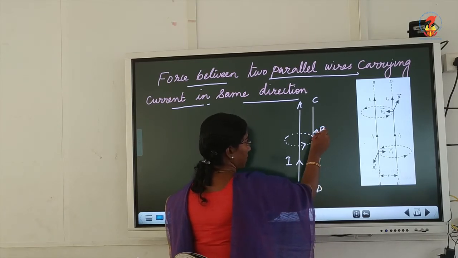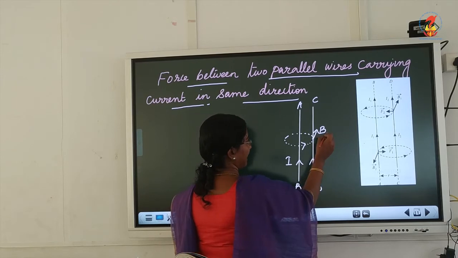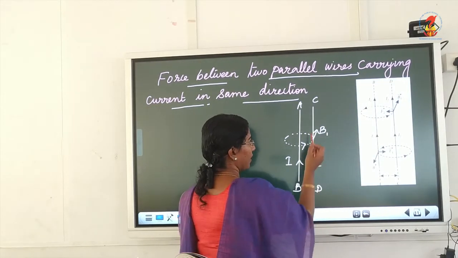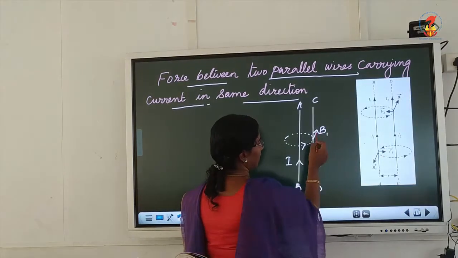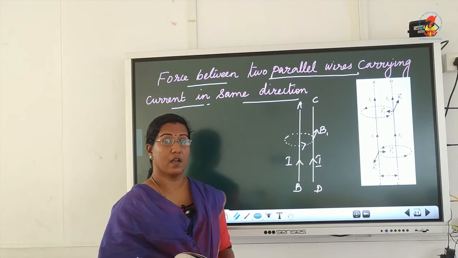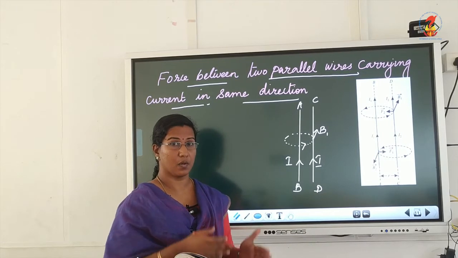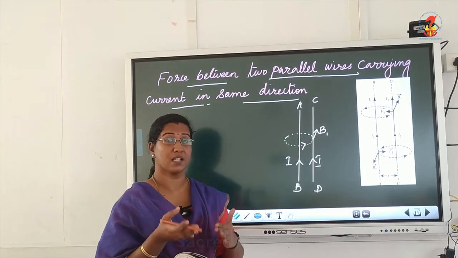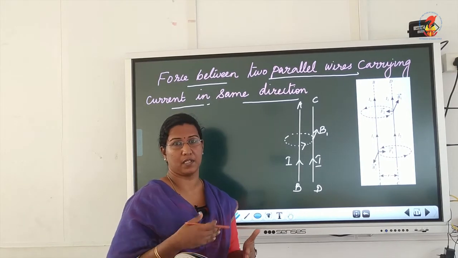It is the field produced by the first conductor, so I am going to write it as B1. A current carrying conductor in a magnetic field will definitely experience a force, given by F = I L B sin theta. First, let us see the direction of force on the conductor.